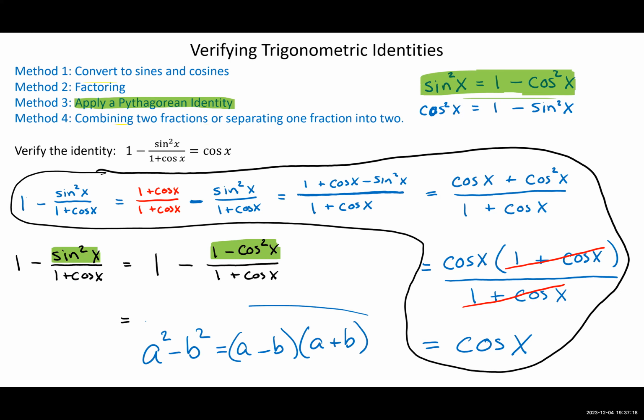So if we apply this formula to that, you may want to see if you're able to take what I have there in black, apply that difference of squares formula, and see if you could get cosine of x. It should just be a few steps. Shouldn't be much longer than the way I did it.